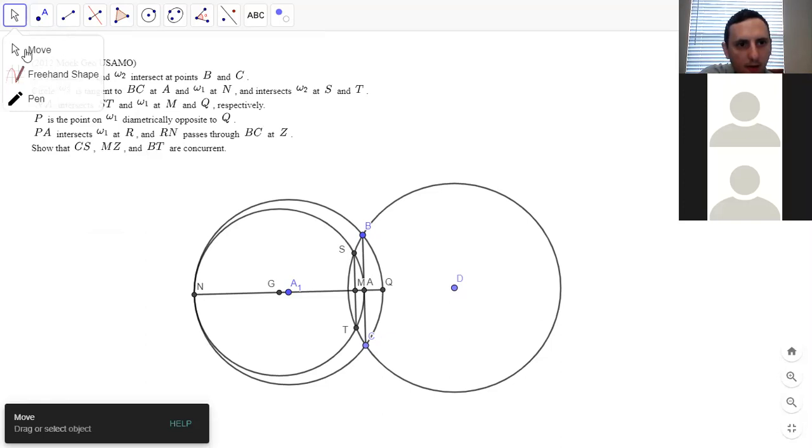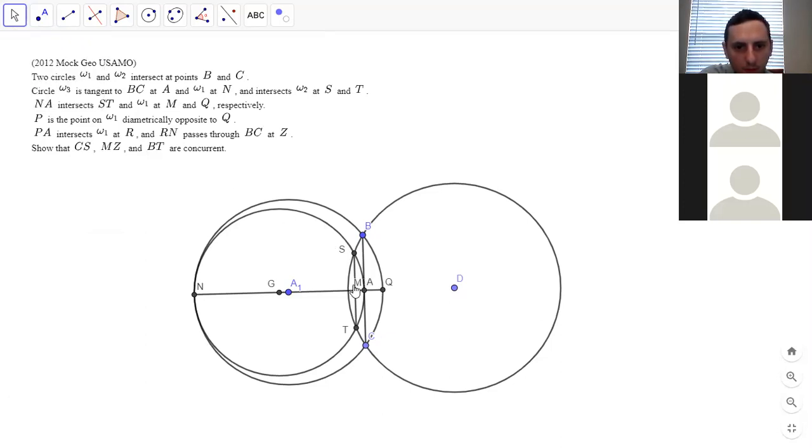And P is the point on omega 1 opposite of Q. Wait, isn't that this point? Now I'm confused. Maybe I'm not drawing this right. We have two circles that intersect at B and C. And we have another circle that's tangent to BC. Oh, but it might not be at the midpoint.